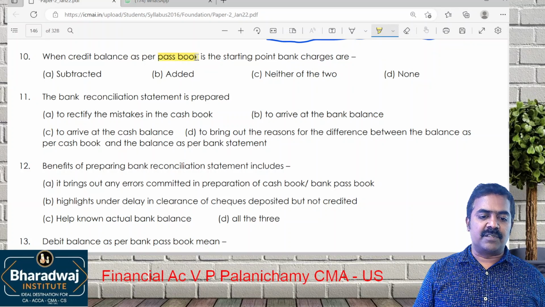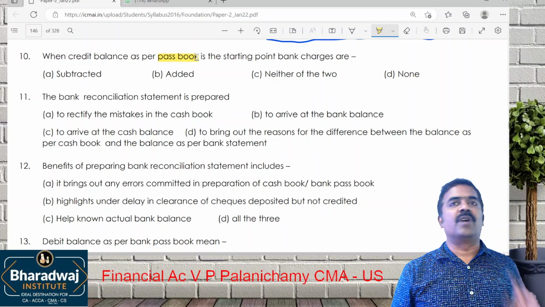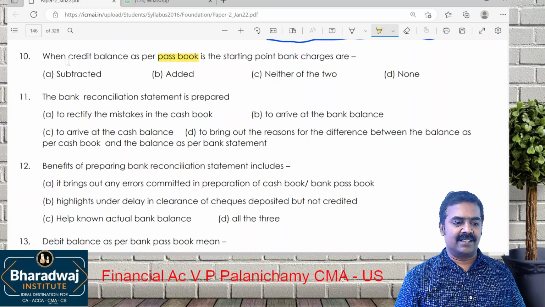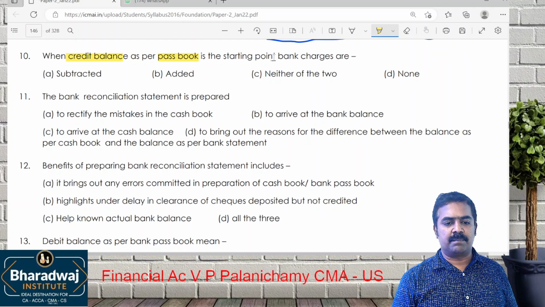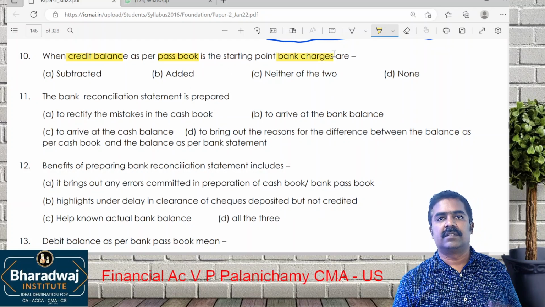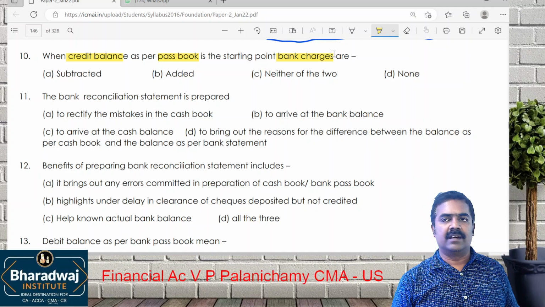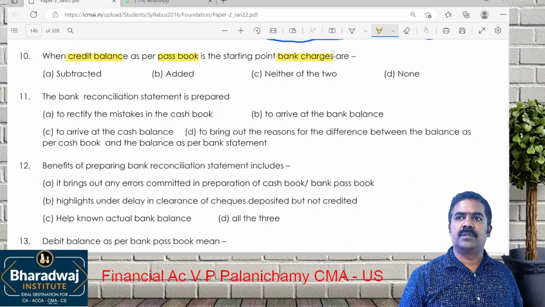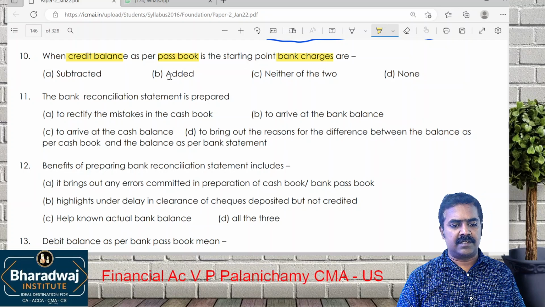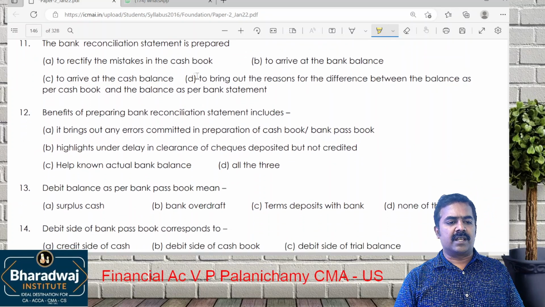We are starting with which one? Passbook. Now who are we? Banker. Credit balance means normal balance or OD balance? Normal balance. Bank charges, what have we done? In the bank we have deducted. What about the customer? The customer has not deducted it. What to do? Add back. Answer is B.